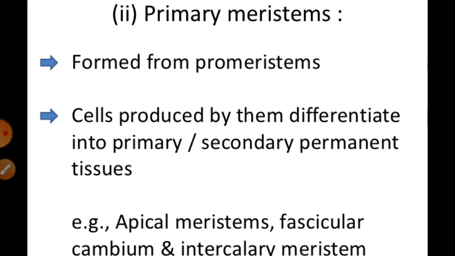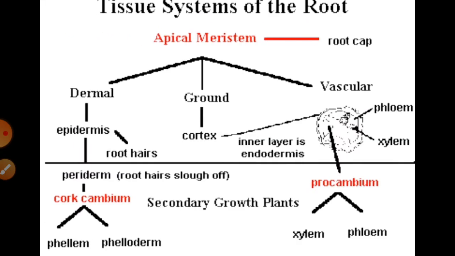They divide continuously and differentiate into the primary permanent tissue, which makes the fundamental structures of the plant body. They are mainly found in the growing apical regions, that is, the root and the shoot. These primary structures are especially found in the root and shoot system.